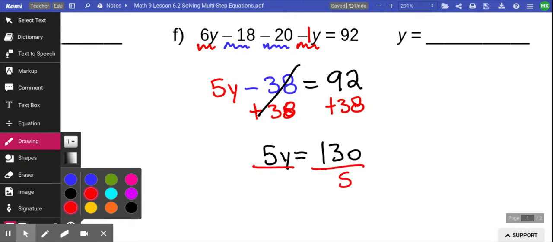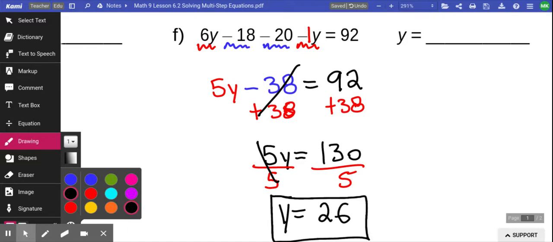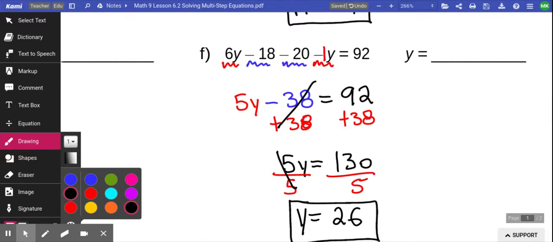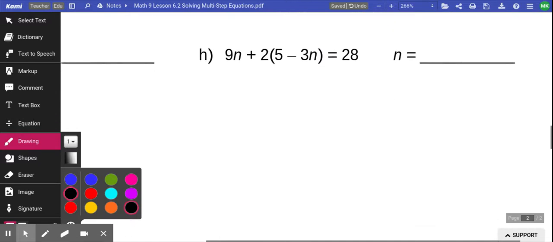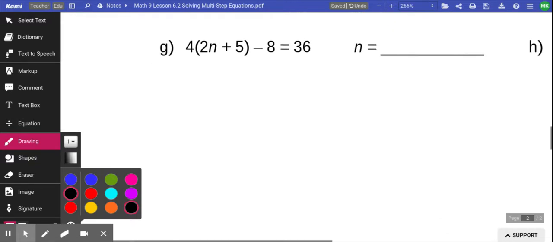When I do it to one side, I do it to the other. So I divide both sides by 5. I get y equals 26. That's my answer. Awesome. Let's flip over to the next page.